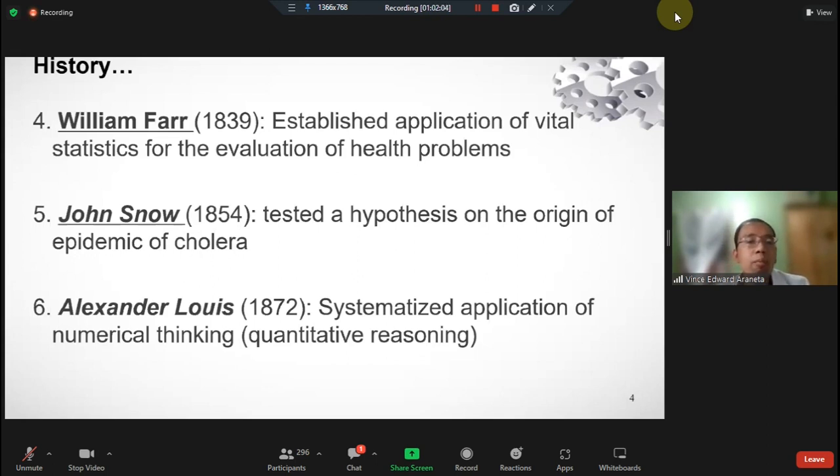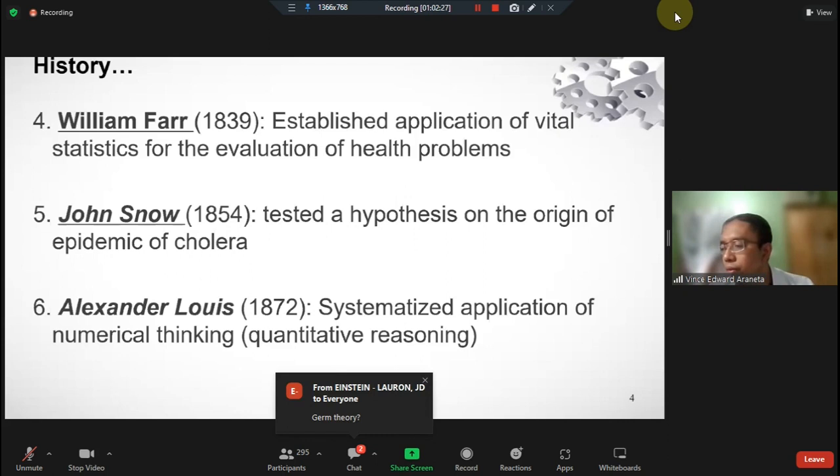During that time period, what do you think is the predominant theory? It might be a question in Prevmed. What was the predominant disease causation theory, believed by people during that time, even the medical field? Anyone know?